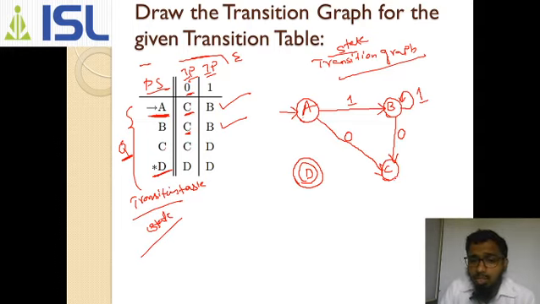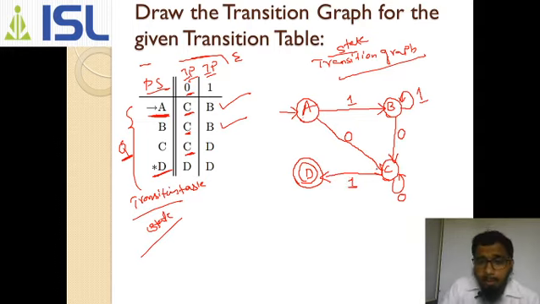When it is 0, it is going to C. This is finished. Then C to D is going when it is 1. Okay, so this is also finished.